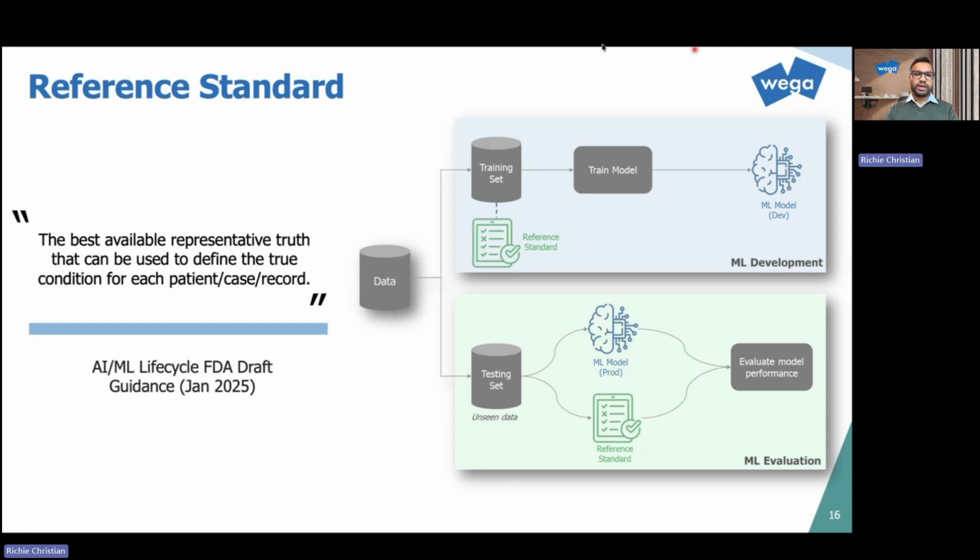The reference standard in supervised learning would be used to train your machine learning model. But in terms of checking performance, the reference standard would be used to directly compare against your machine learning model to evaluate model performance. So it's basically the benchmark through which the FDA assesses whether or not your device performs according to this reference standard.